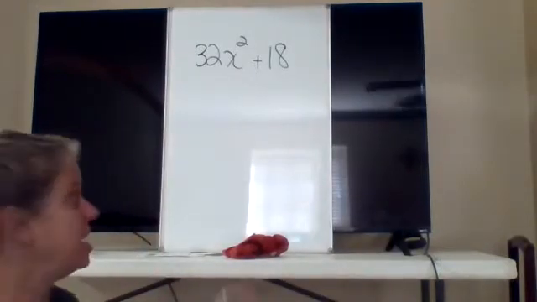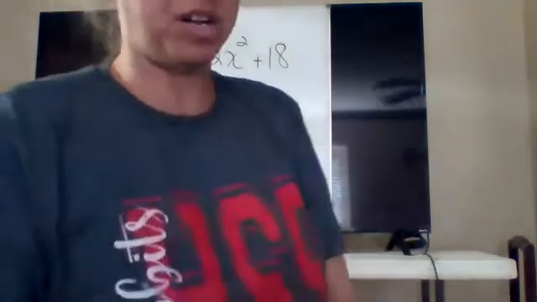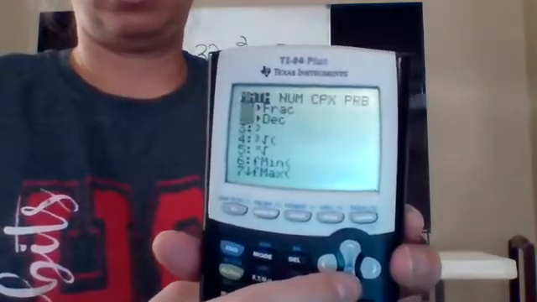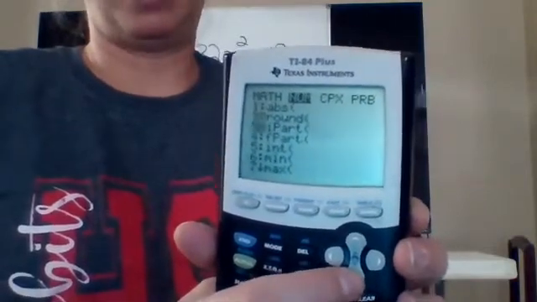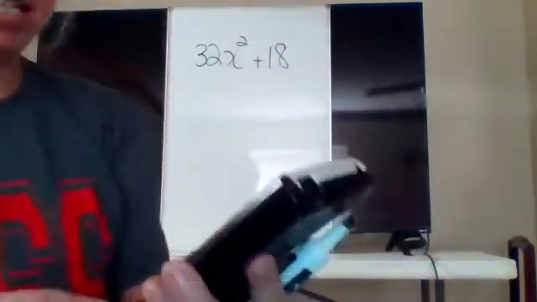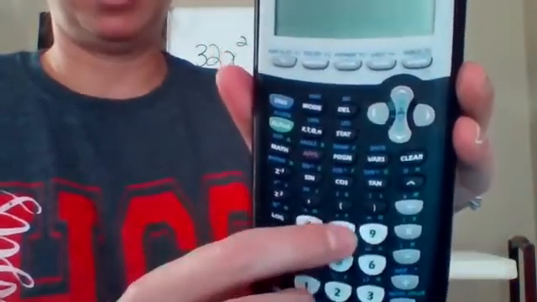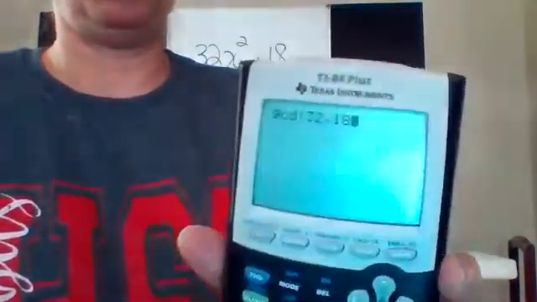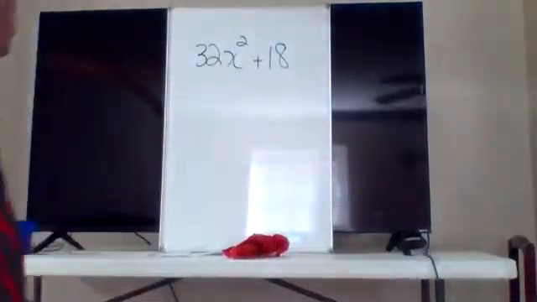And if you wanted to use that method, anytime you only have 2 numbers, you can use that method in your calculator where you go to math, down to greatest, over to number first, and then down to greatest common factor, which is GCD. Type in the 2 numbers. What are my 2 numbers? 32 and 18. So you'll have 32, comma, 18, and then close your parentheses and hit enter. Well, 2 is the biggest number that goes into both of those.